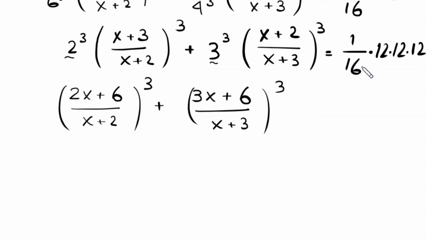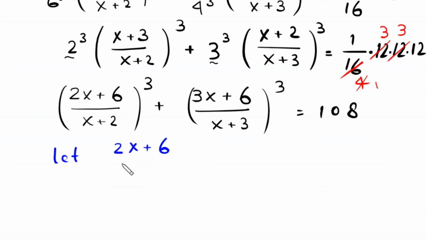This 16 is divisible by 4, 4 times 16, and 4 3 times 12. So 3 times 3 is 9, times 12 will become 108.